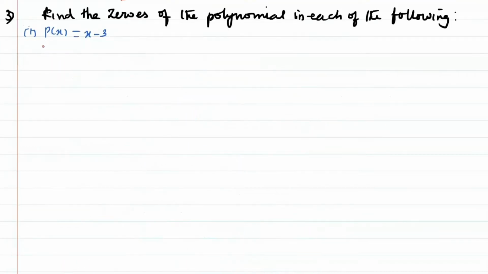So let's see the next question. Third question, find the zeros of the polynomial in each of the following. So p of x is equal to x minus 3.